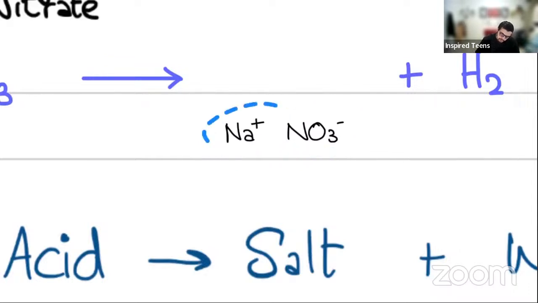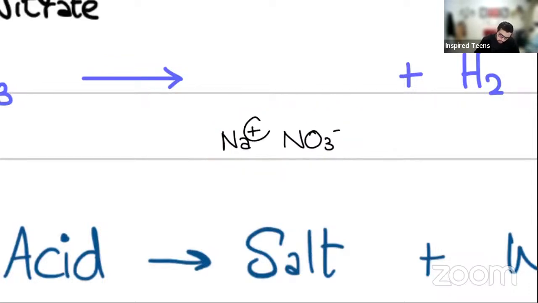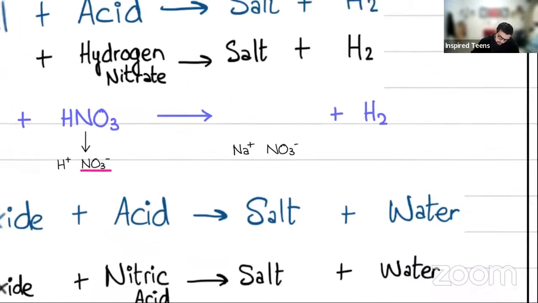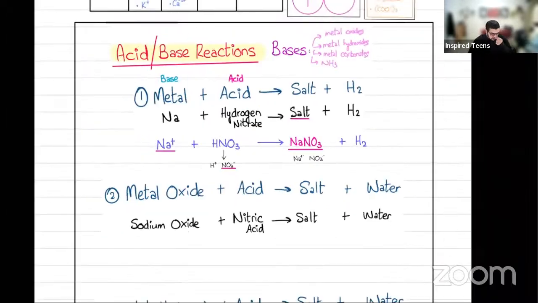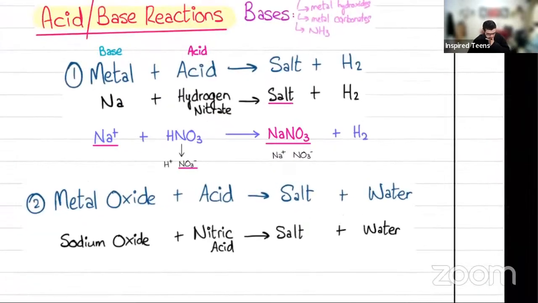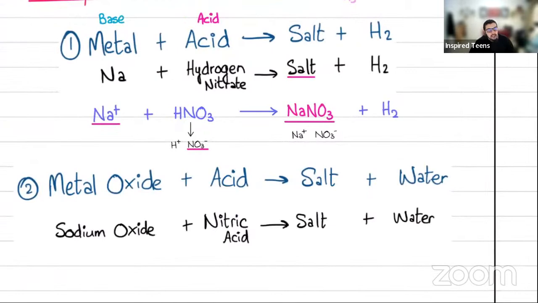And when I do that, I can see that it's a 1-to-1 ratio, so they're going to cancel each other out. I form my salt as NaNO3. This is now my salt. Cation of base, anion of acid.